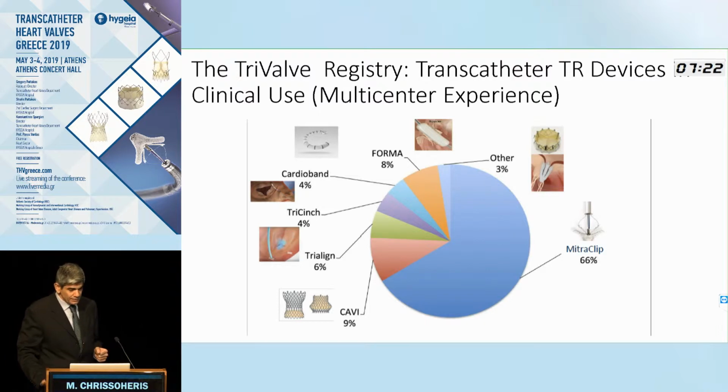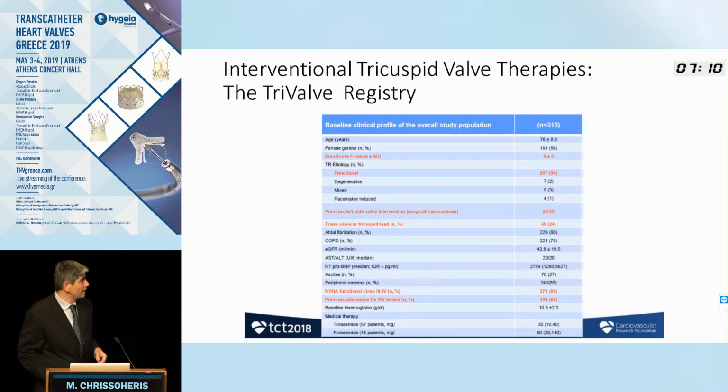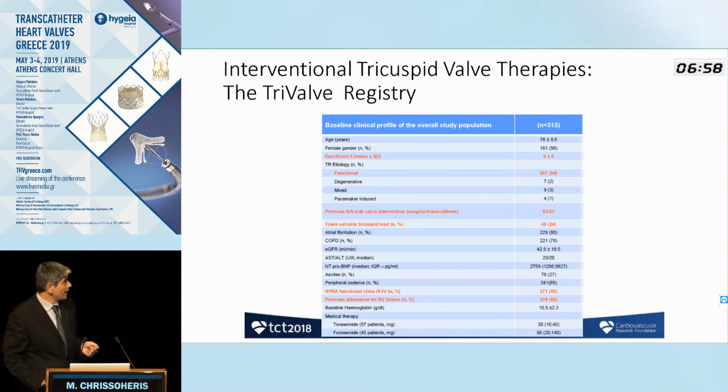Looking at the TriValve registry, we can see what is going on today in terms of transcatheter approaches to tricuspid regurgitation. And we have primarily MitraClip and other modalities less often. As a group, these patients are elderly. They have functional tricuspid regurgitation by default. And many of them have had previous left-sided heart surgery.